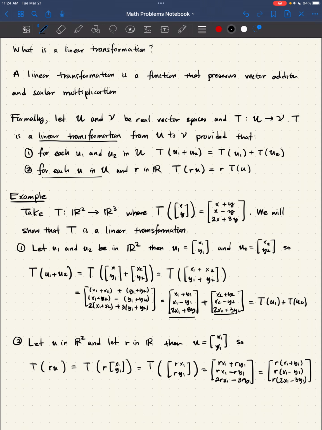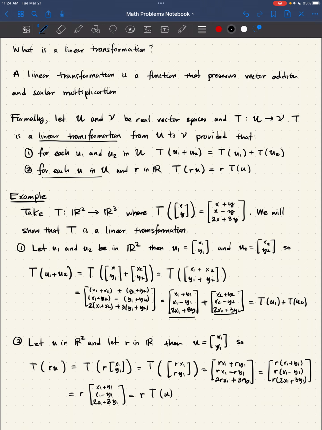We can see that from here we may factor R by scalar multiplication, and this is just R times x1 plus y1, x1 minus y1, and 2x1 plus 3y1, which is of course R times T of U.